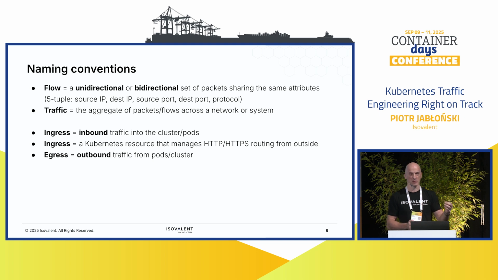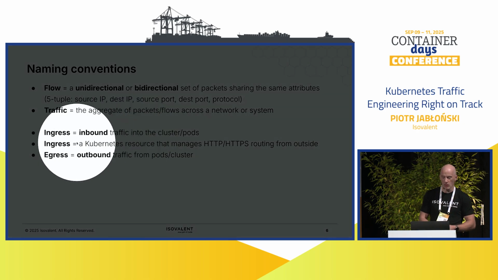This is very important because the way you configure other stuff like stateful firewalls, the way you expose applications, all this matters in terms of who is initiating the traffic first. And also in terms of ingress and inbound.